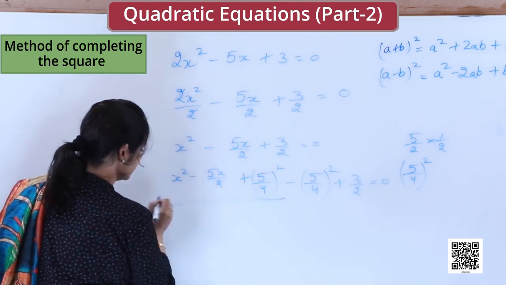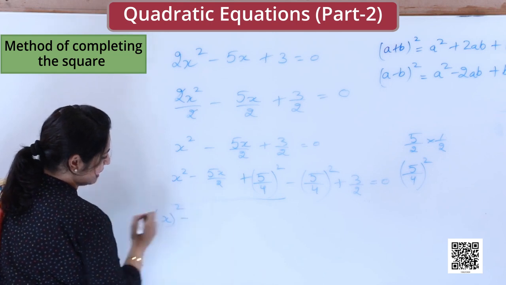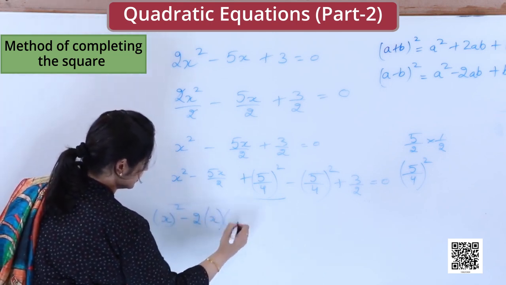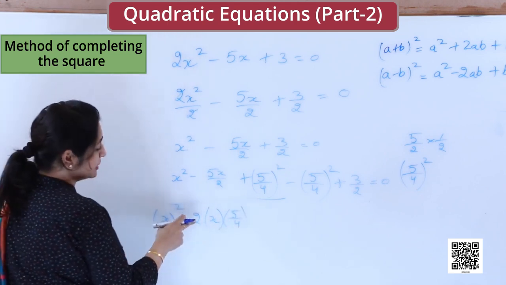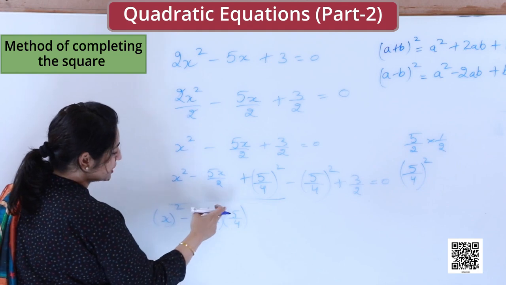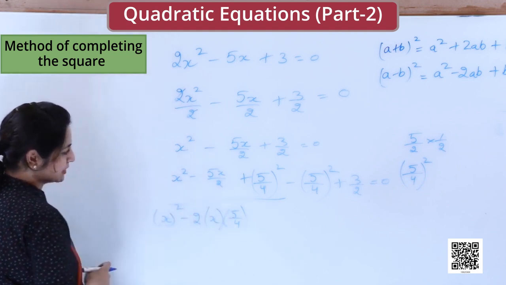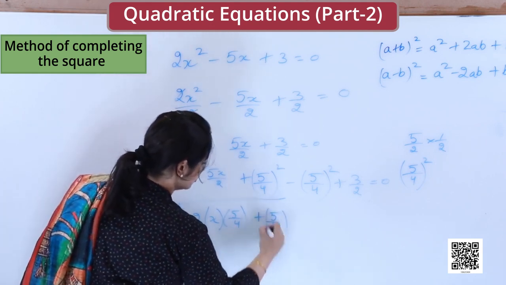Now looking at these three terms, we can write x² minus, we have the sign of minus here, 2 into x into 5/4. We can cross check it if it gives the same value here. 2 multiplied by 5/4, so 10/4 will give us 5/2 x again. And here (5/4)².